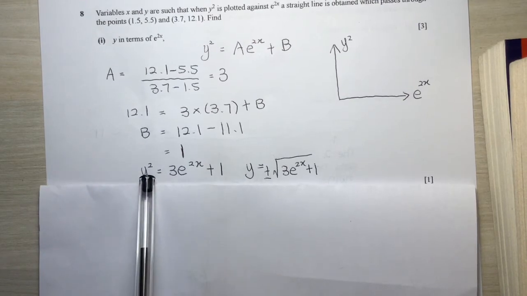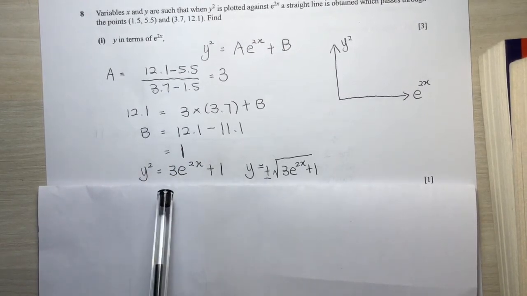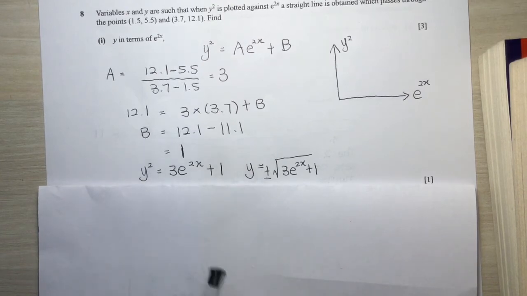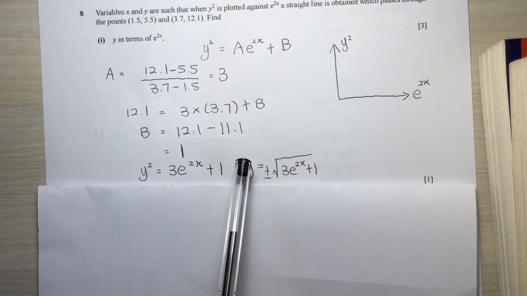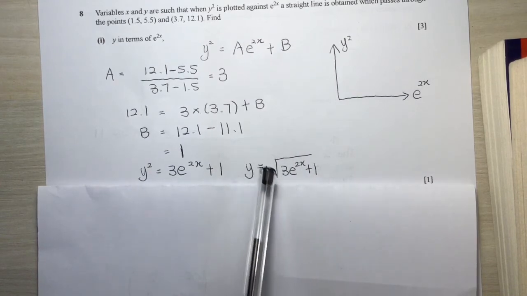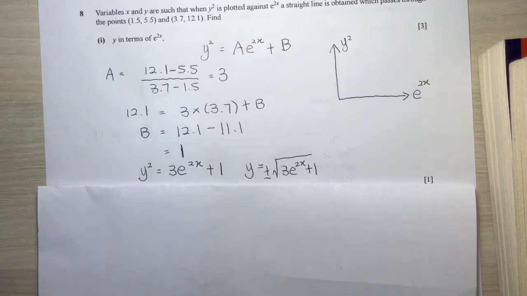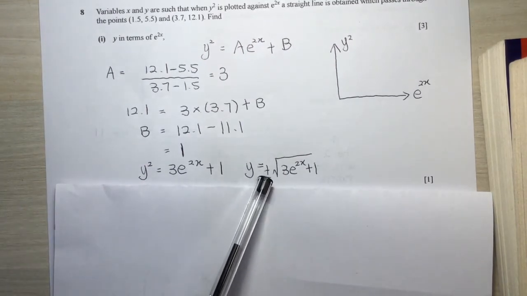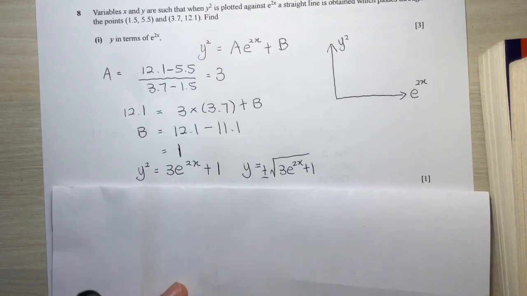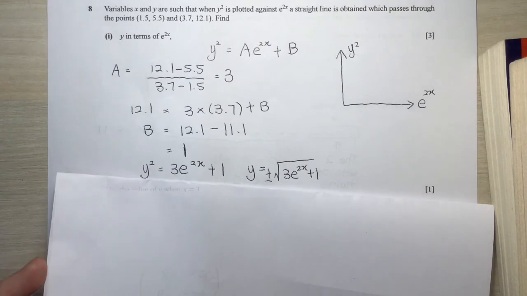To get y, we simply square root the entire expression on the right hand side. Remember to put positive and negative, because with the square root you might get a negative or a positive value. Just put the sign in front, and this is how you will get your 3 marks for the first part of this question.